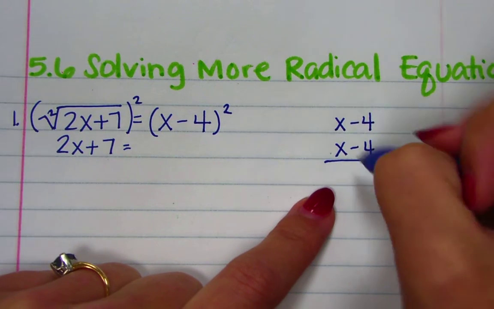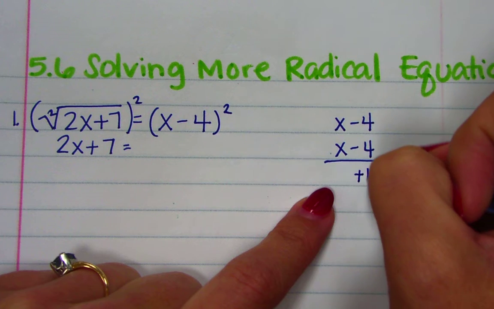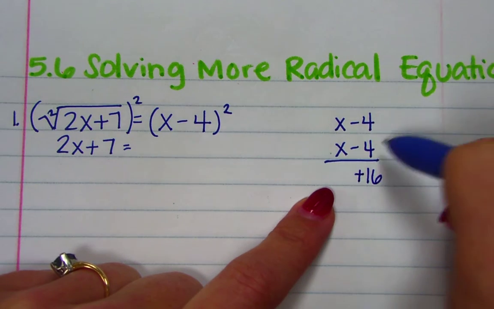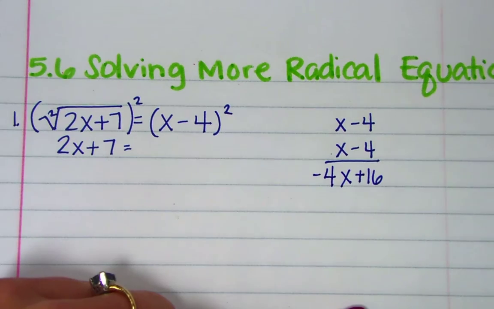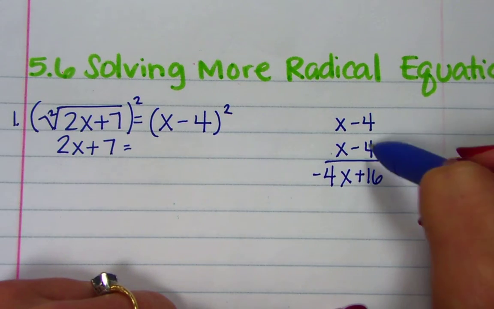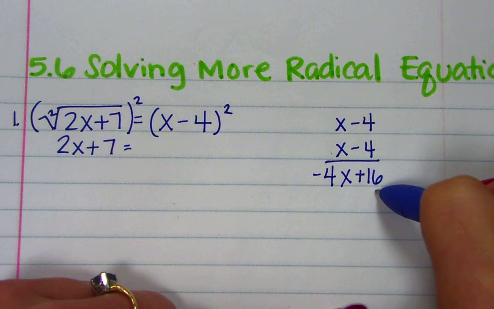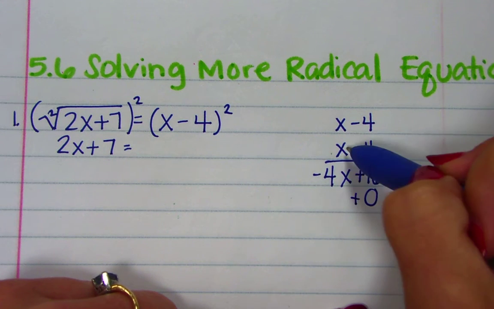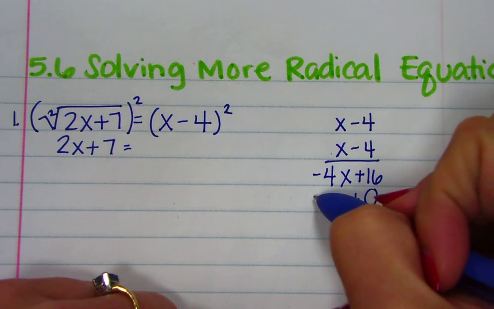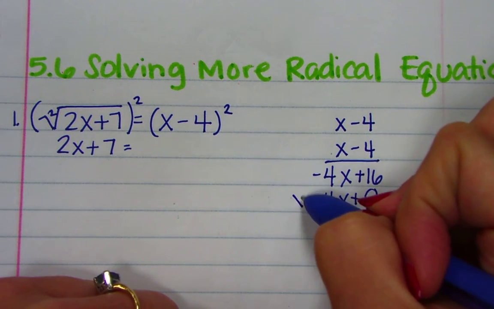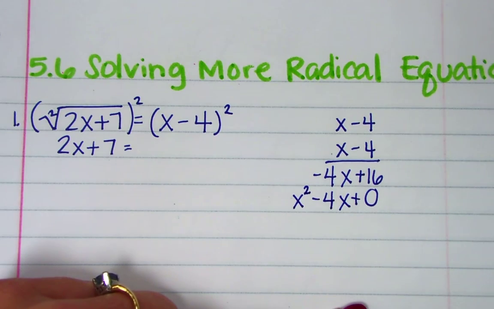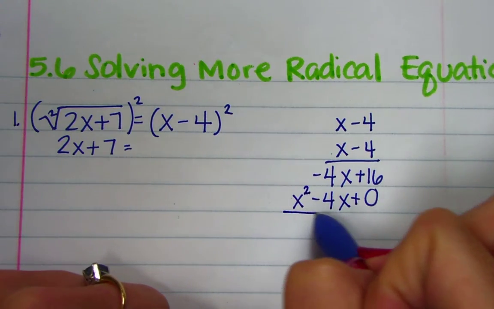So negative 4 times negative 4, positive 16, thank you. Negative 4 times x, negative 4x. Okay, then remember we did this times this and that. Then we put our 0 here, and we do x times negative 4, negative 4x, and then x times x, x squared.